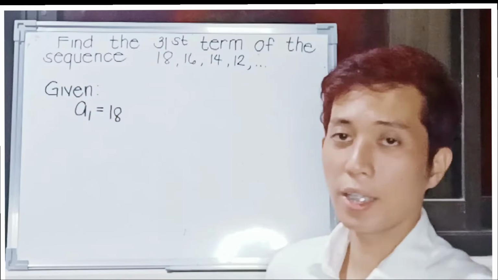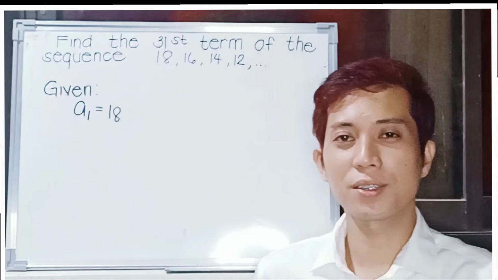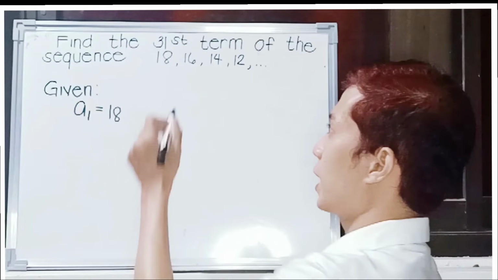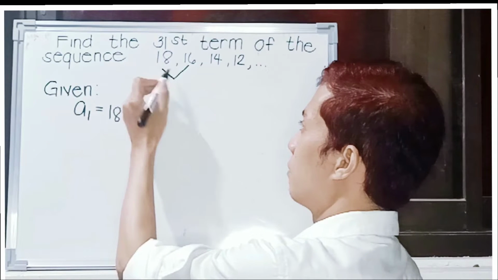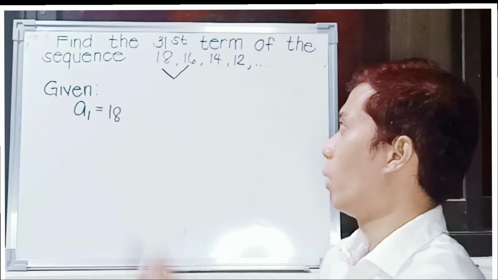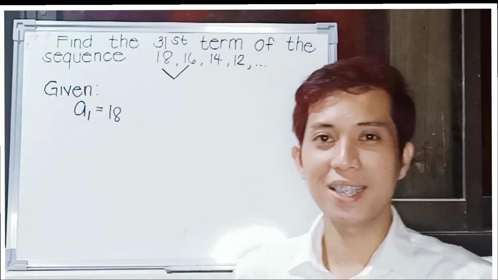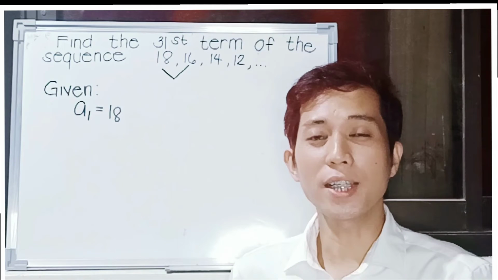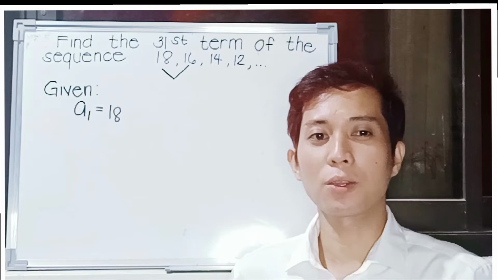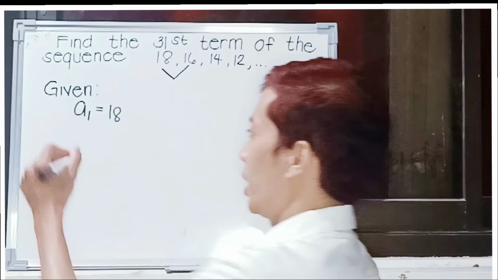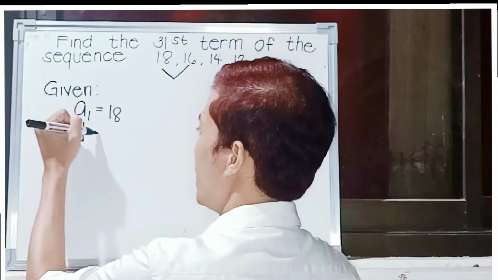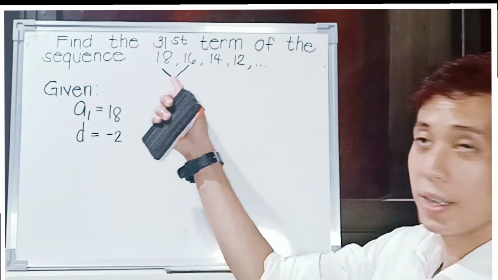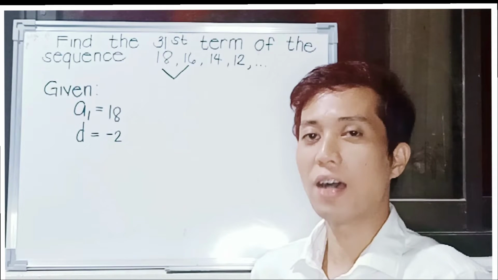What do you think is our common difference in this case? To get the common difference, we subtract the first term from the second term. What is 16 minus 18? It's not 2. 16 minus 18 is equal to negative 2. So our common difference this time is negative, because our sequence is decreasing in value.